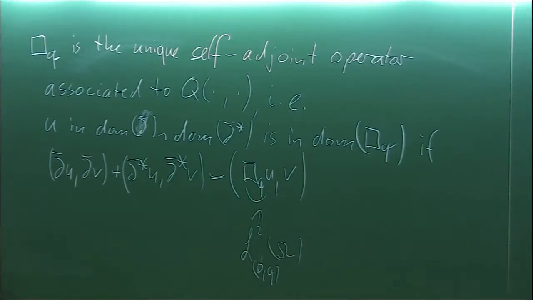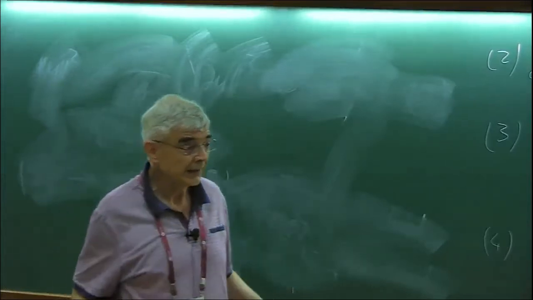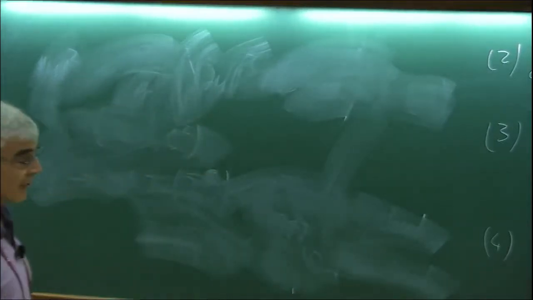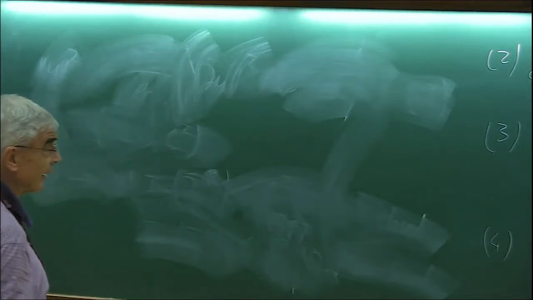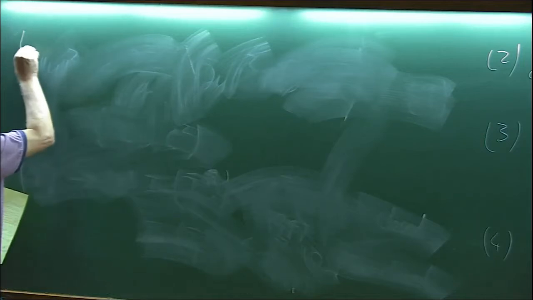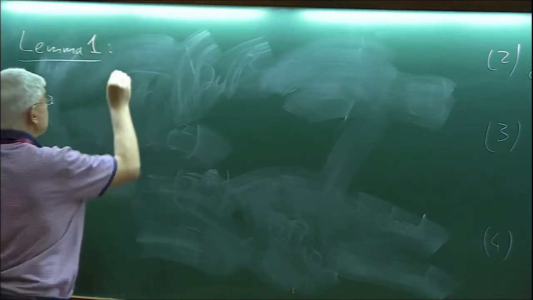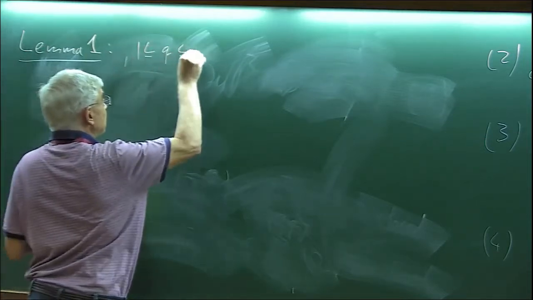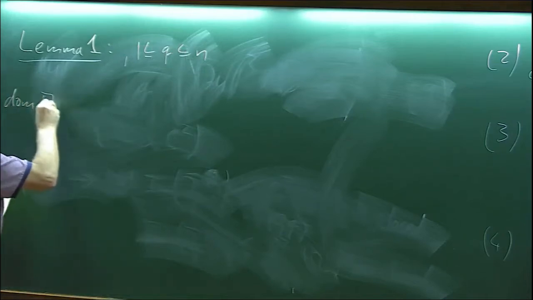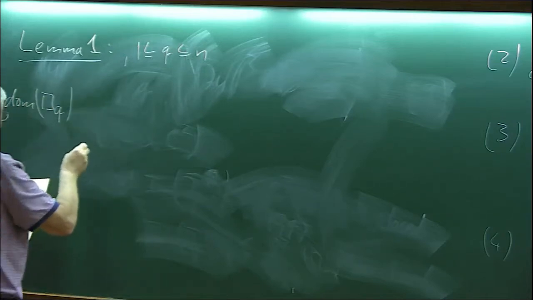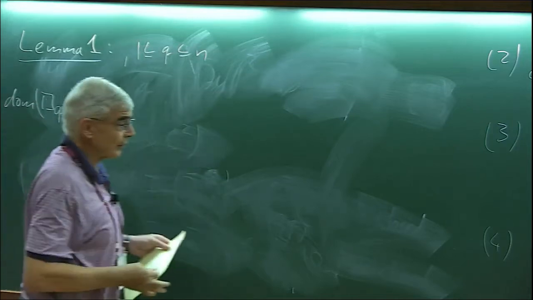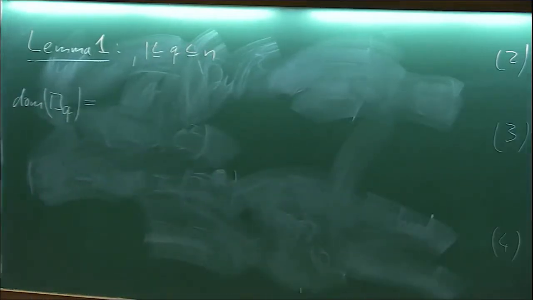I wanted to also give this abstract one because that's how you often see it in the literature, and then the explicit description is sort of assumed, but why it's the same thing is usually swept under the rug. So let's formulate this as lemma 1. Namely, the domain of box Q is what you think it should be if you look over here.